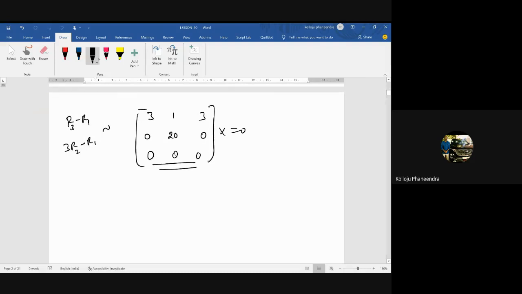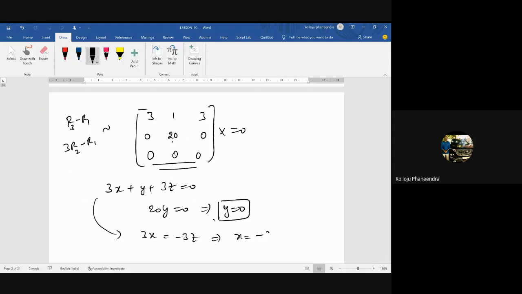Non-zero solution exists, obviously. So this is 3x plus y plus 3z equal to 0, and another one is 20y equal to 0. So y equal to 0, and then 3x equal to minus 3z, so x equal to minus z.